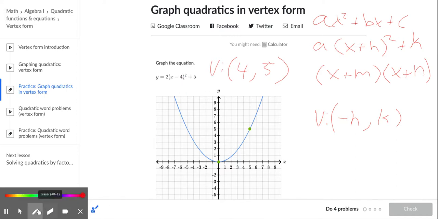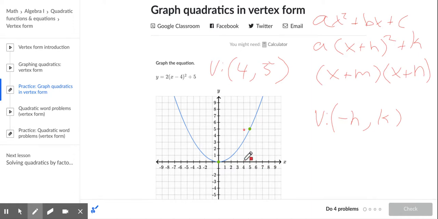All right, so then the next thing we would do is plot our vertex. Our vertex is at 4, 5. And just like last time, we want to get some points on either side of our vertex.